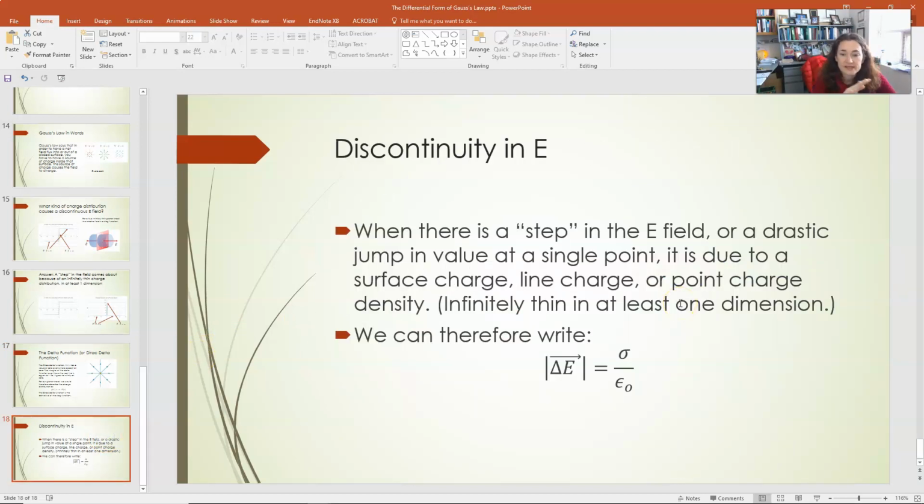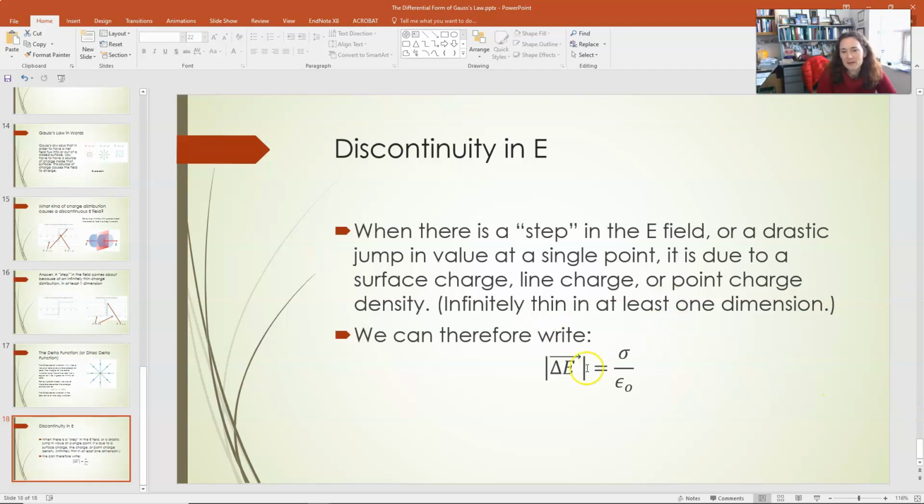Now, what we can say is that if you wanted to find the change of the electric field as you walk from left to right across this discontinuity, then you would say, for example, from an infinite plane of charge, you've got sigma over 2 epsilon naught pointing to the right, and then sigma over 2 epsilon naught pointing to the left. So if I wanted to find the delta E between those 2 points, it would be sigma over 2 epsilon naught minus a minus sigma over 2 epsilon naught, which gives me sigma over epsilon naught.